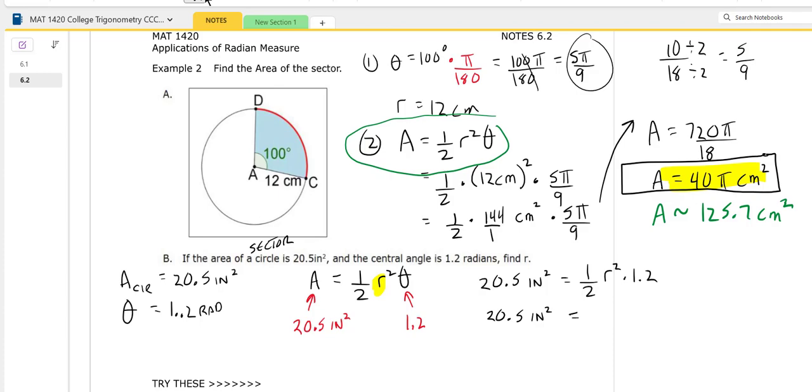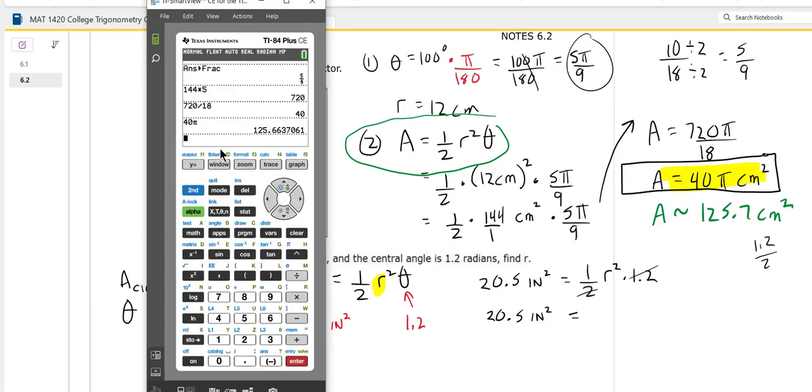You could take 1.2 divided by 2 right now if you wanted to, which is what I would do. You can do it on your calculator if you're not sure what that is. That's just a decimal. So 1.2 divided by 2 is going to give 0.6. So we get 0.6 r squared now.